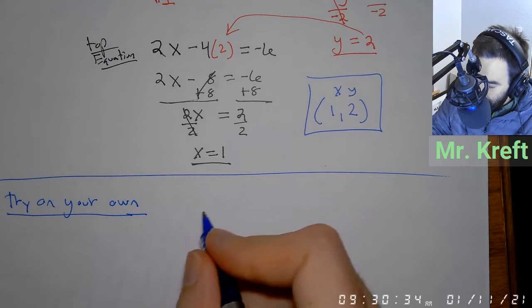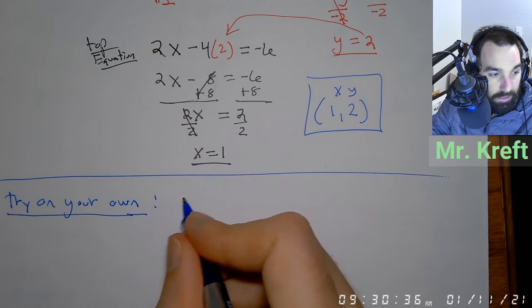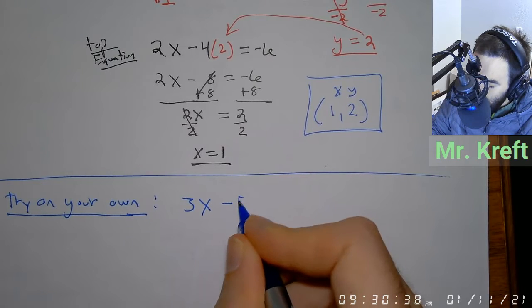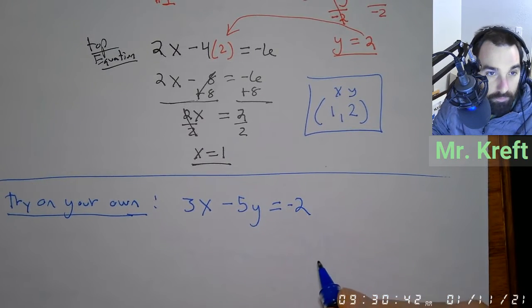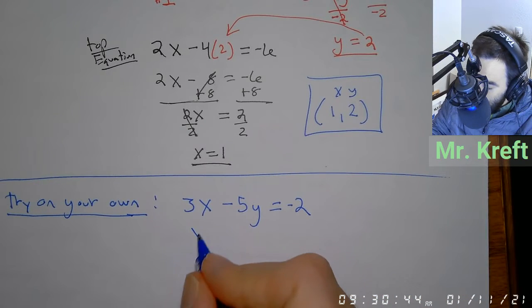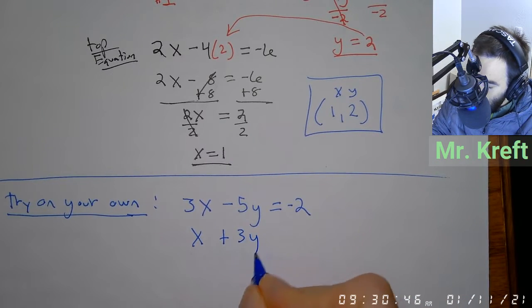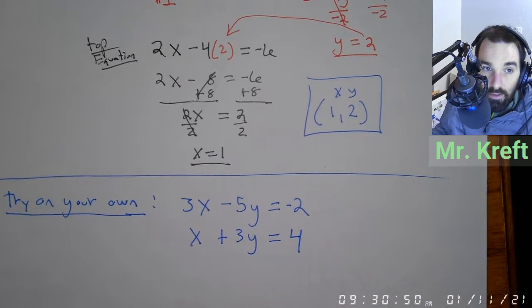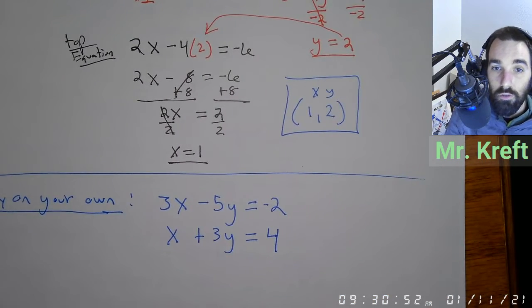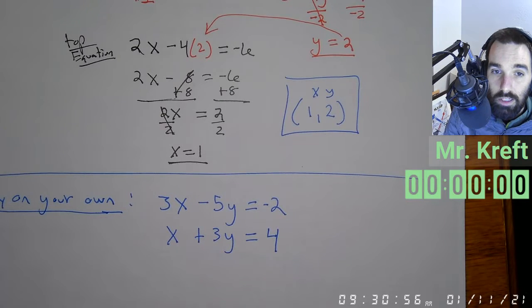Let's try this one out. So we're going to have 3x minus 5y equals negative 2. And I'm going to have x plus 3y equals 4. Okay, I know this is new stuff, so I'm going to give us plenty of time to work on this. I'm going to give you guys 3 minutes.